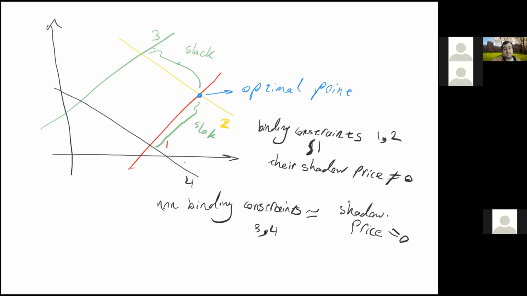Allowable increase and decrease means how far you can change the coefficient such that at the end the final solution would be the same. These come through practice, but optimal points, shadow price, binding constraint, slack and surplus, you can kind of visualize them.